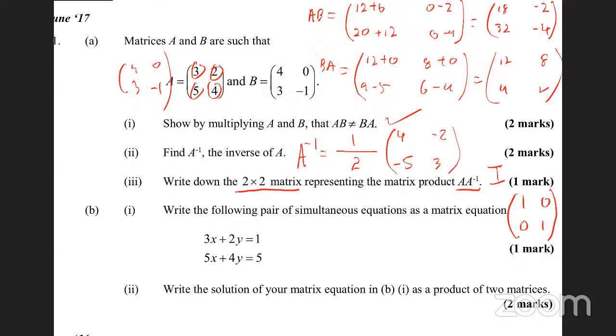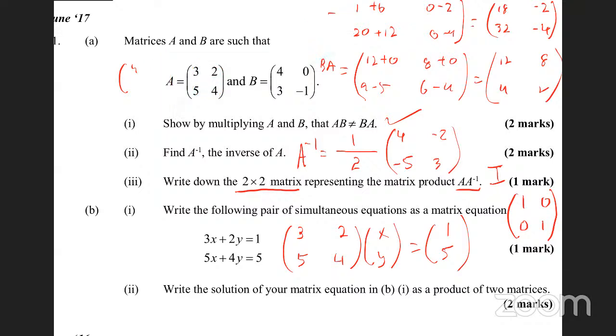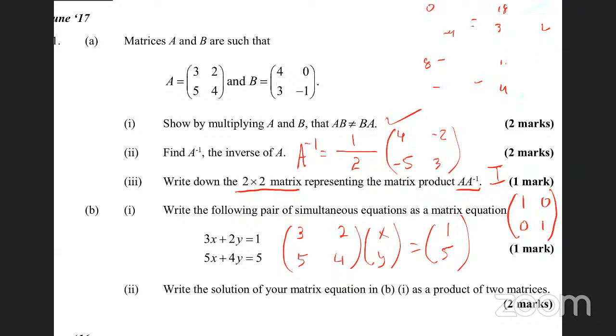And last thing, write the following simultaneous equations as a matrix. So that'll be 3, 2, 5, 4, times X, Y, is equal to 1, 5. What will this solution be? How do you obtain this solution? Look back at step 3.